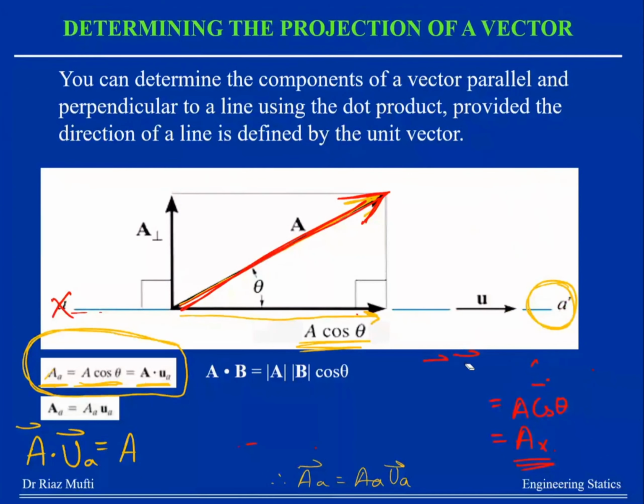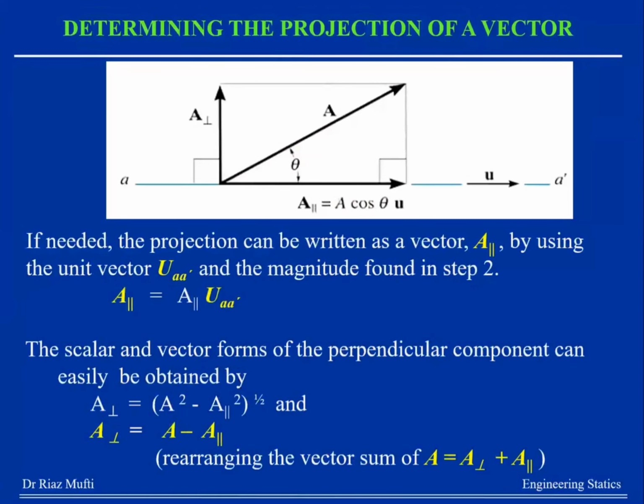And once you have found the x component, using Pythagoras theorem or common sense, you can find the other component, which is given here, or by subtraction of vectors.